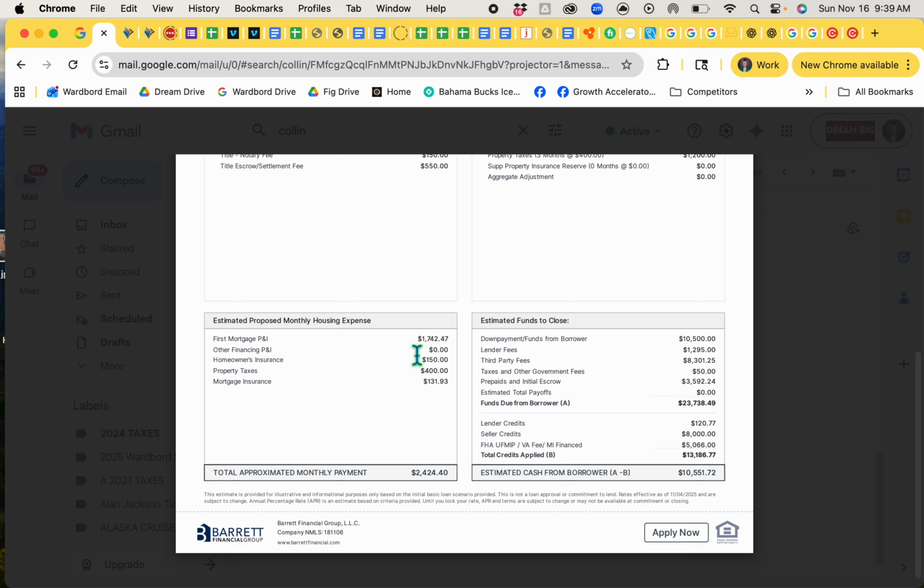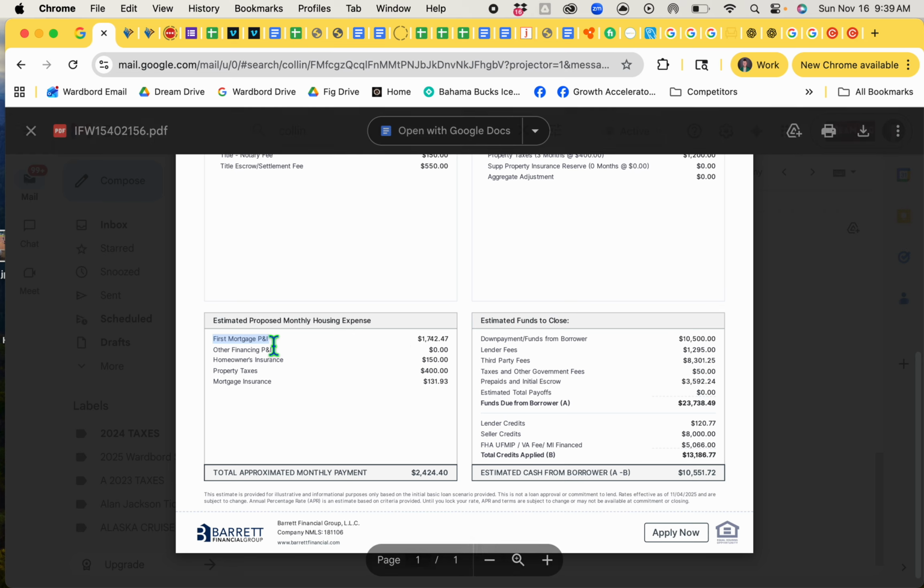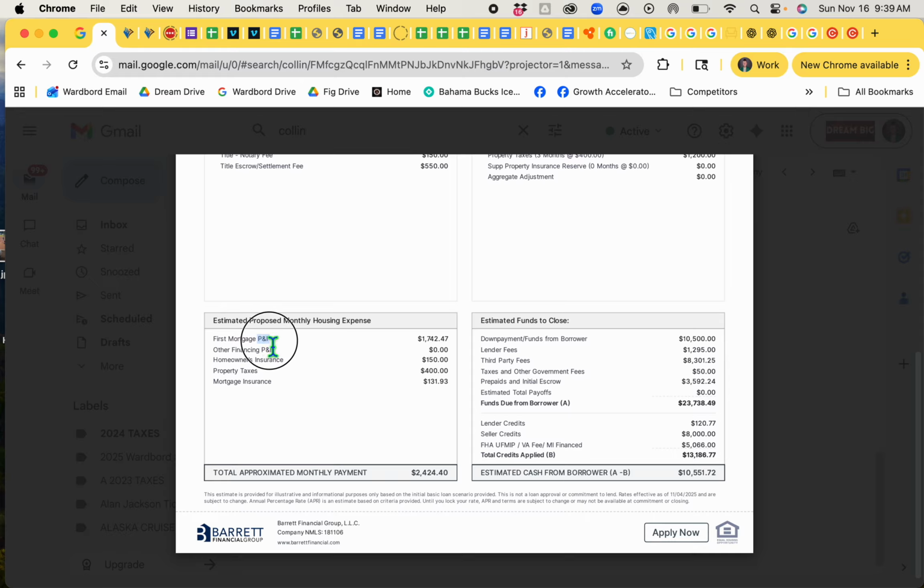For a $294,000 loan, the principal and interest, so the actual cost of the home and the interest that you're being charged, is pretty much set in stone, not going to change.